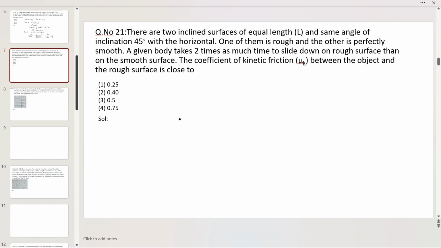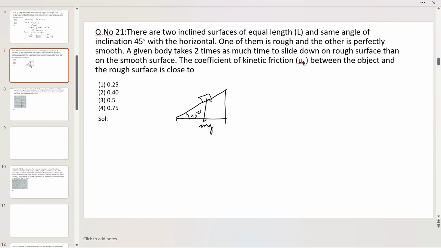Now here it's an inclined plane. A body here. Now here your weight, that is vertically downward, that is mg, and here this angle is 45 degree.